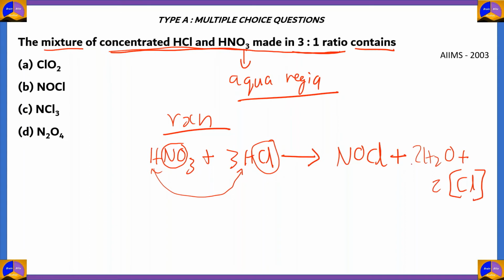So therefore, aqua regia forms NOCl, which is very effective in converting gold to gold chlorides. That's why aqua regia is so effective at dissolving gold and platinum.